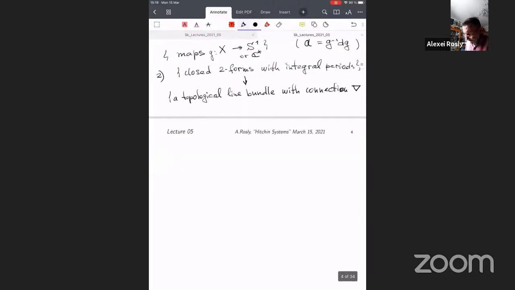Okay, a topological line bundle with connection nabla such that its curvature equals the two form omega. The question is, first of all, to understand this relation, and second, this correspondence is not one-to-one.